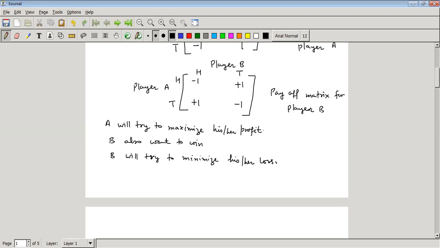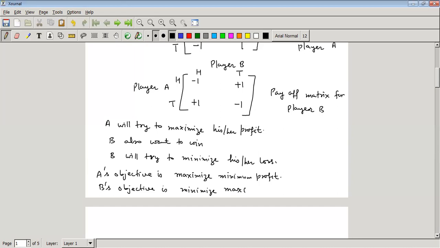So A's objective is to maximize his or her minimum profit, and B's objective is to minimize his or her maximum loss.